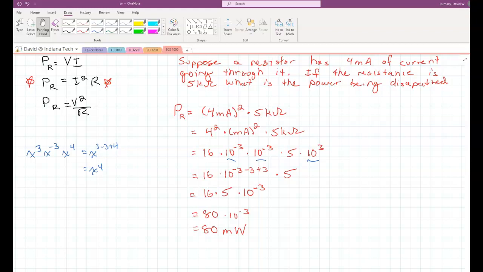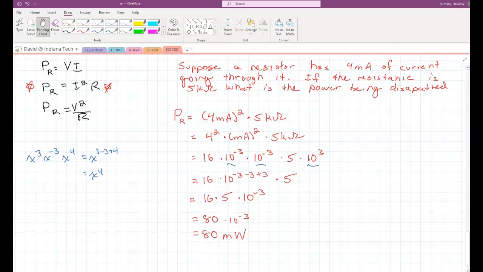But make sure, again, to enter things correctly. I see people getting the wrong answer, and it's always because they're entering it into their calculator wrong. If you were entering this into your calculator to compute this, you would enter that the power is equal to parenthesis 4e to the minus 3, squared, because you have to make sure it's squaring the entire term, not just the minus 3. And then times 5e3.